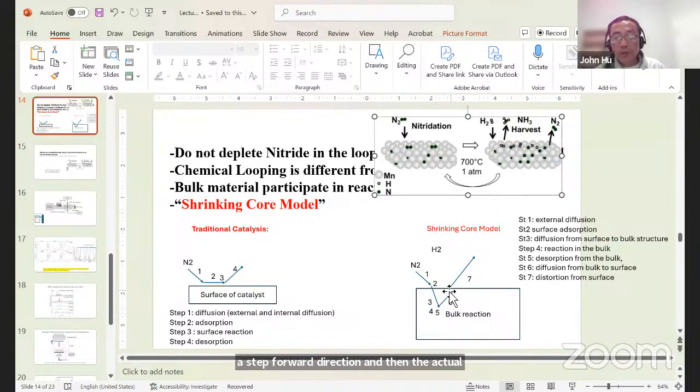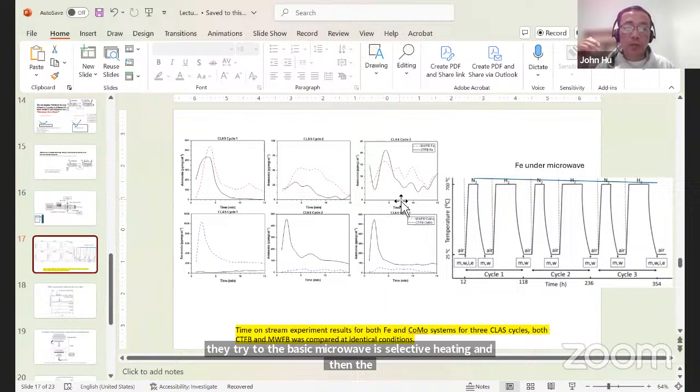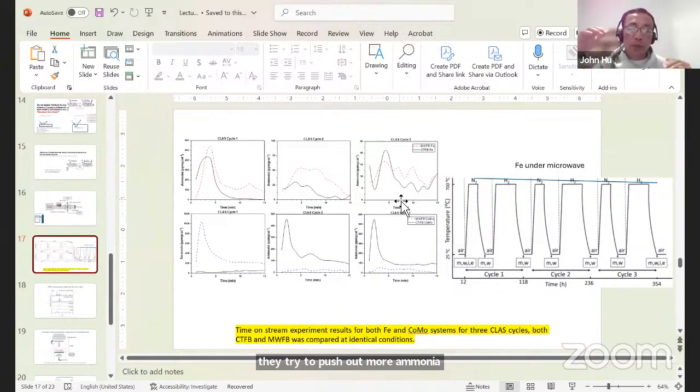They are changing from cycle to cycle, because if any one step becomes difficult, which means the structure changed, then you will see peak formation. You see 1 peak, then 2 peaks, then 3 peaks, because microwave is selective heating and they try to push out as much ammonia as possible. That's why they keep on coming out. The more coming out, the more the structure collapses. That's why, from an engineering solution point of view, when we run this, we probably don't want to see 3 peaks.